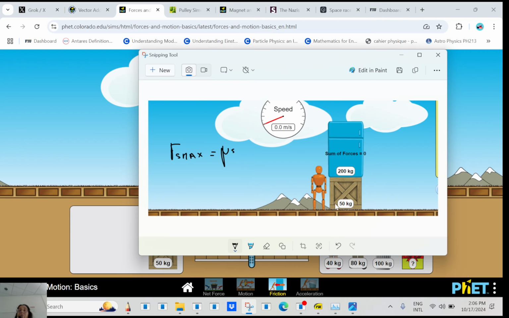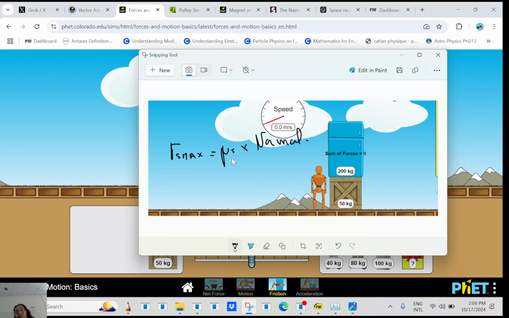Is it, for example, wood on grass? Is it wood on asphalt? All that will be defined by that coefficient, or the coefficient depends on what the materials in contact are. Is that clear? So how do we compute those coefficients? We have to do experiments, right? So it will be the coefficient times the normal force.